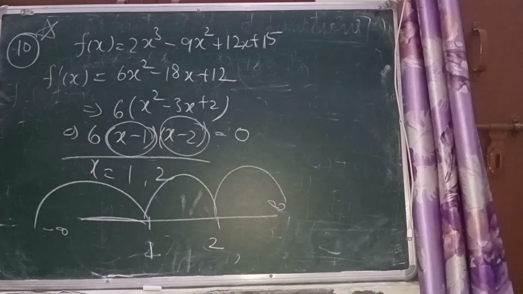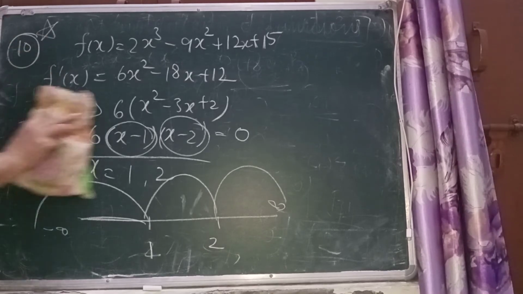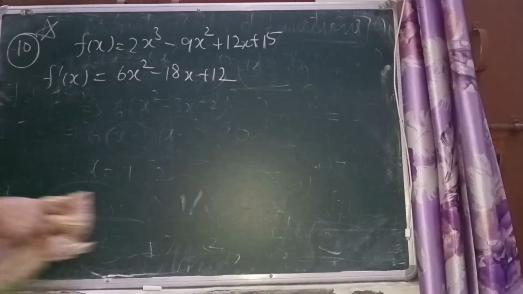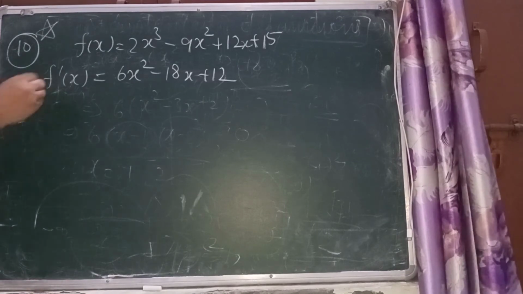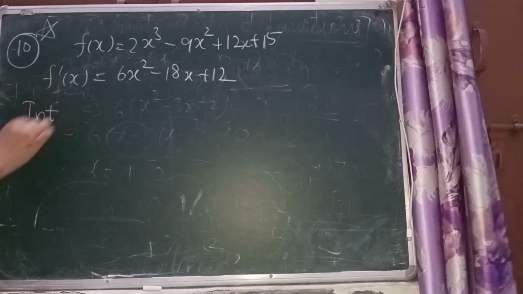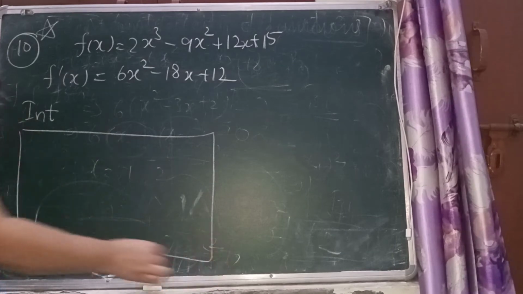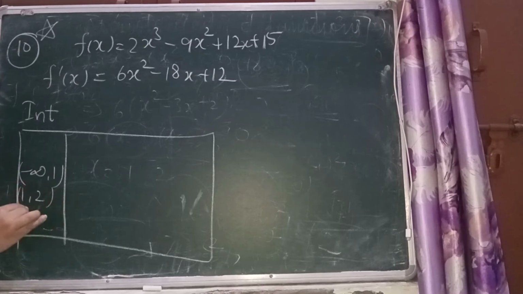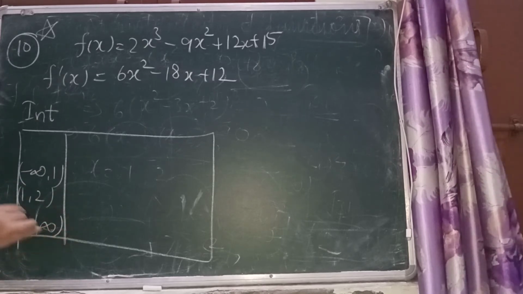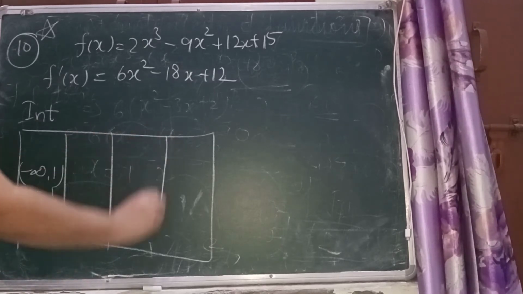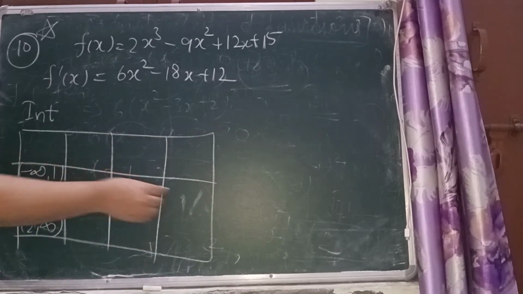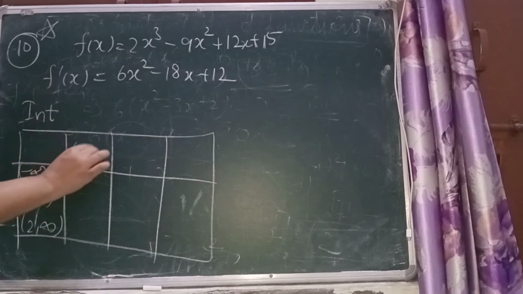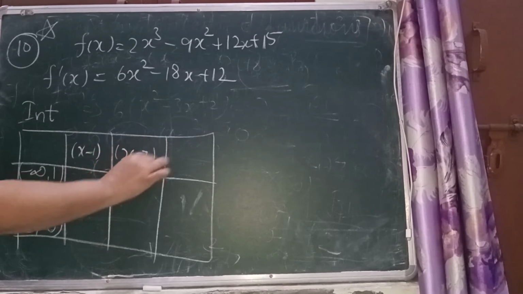So here we will have 3 intervals: minus infinity to 1, 1 to 2, and 2 to infinity. Then we will find out whether the value is positive or negative in each.